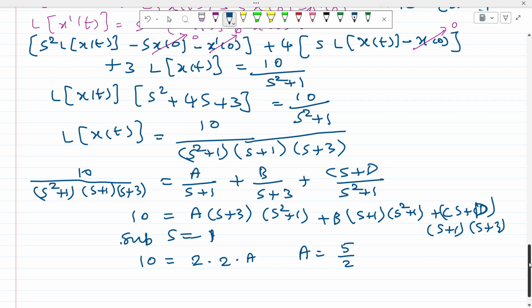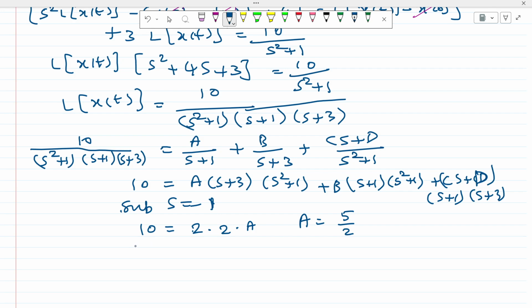Similarly for b, substituting s equal to minus 3. Then 10 equals, a is 0, the c part is 0, only the b part is there: b into minus 3 plus 1, which is minus 2, and then minus 3 whole square plus 1, which is 10.